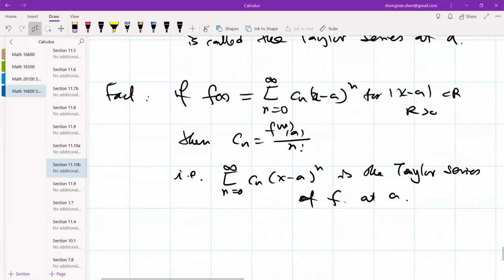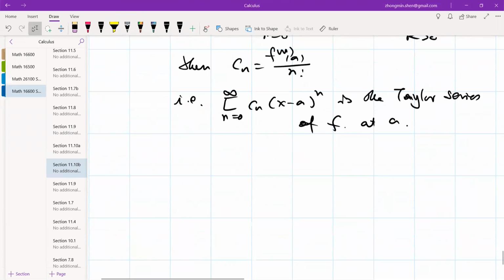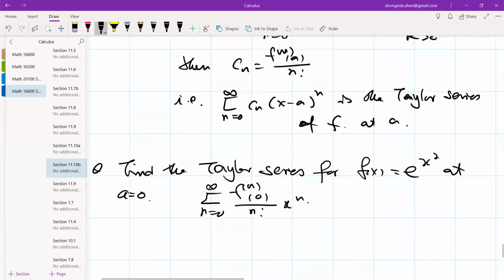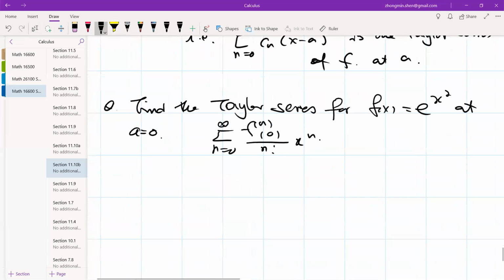Okay, for example, find the Taylor series for the function e to the x squared at 0. That means you have to find this. I don't need to prove it equals the function.